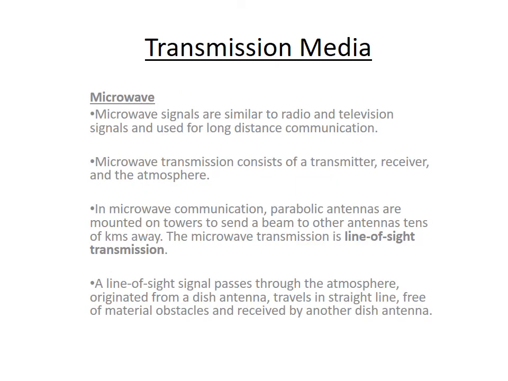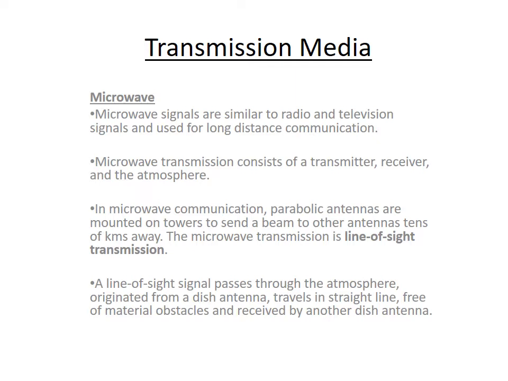Microwaves. Microwave signals are similar to radio and television signals and are used for long distance communication. Microwave transmission consists of transmitter, receiver and the atmosphere. In microwave communication, parabolic antennas are mounted on towers to send a beam to other antennas tens of kilometers away.